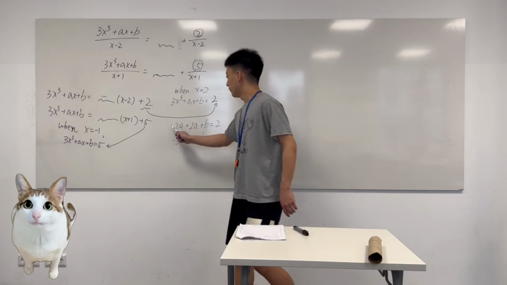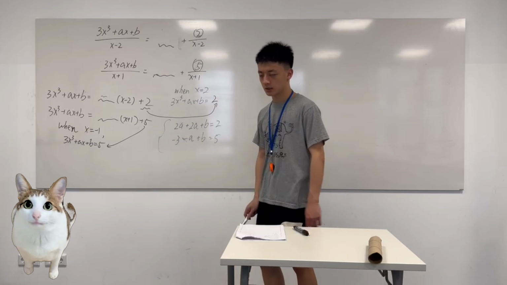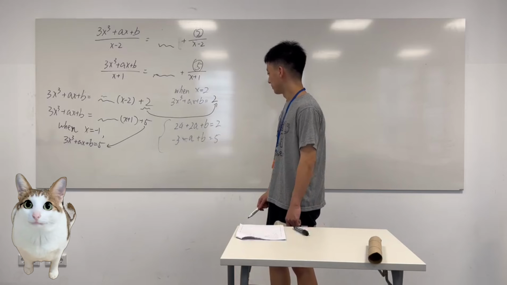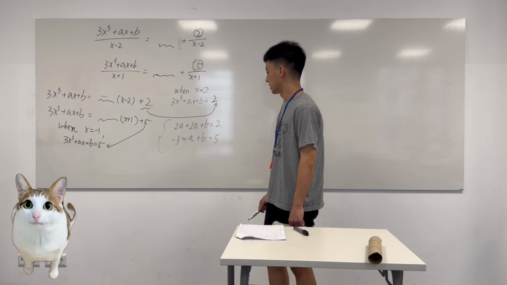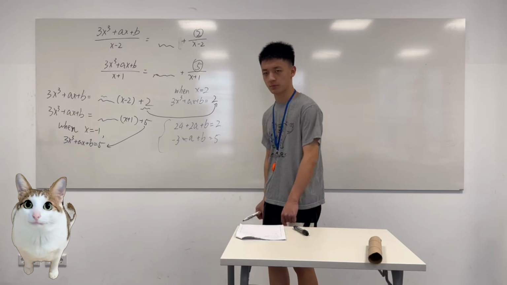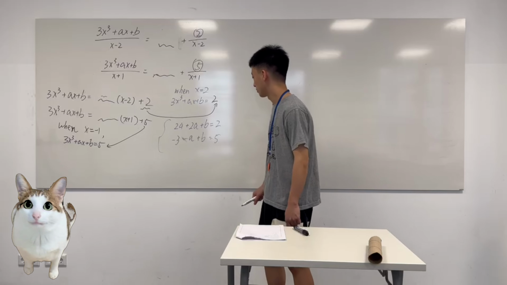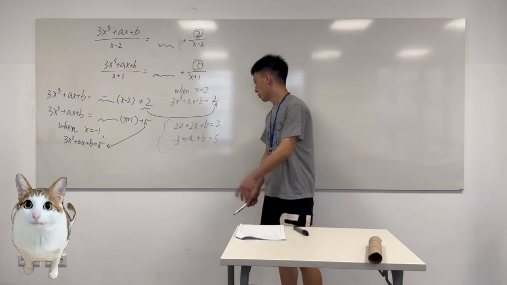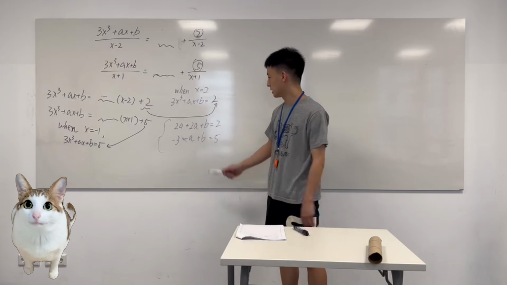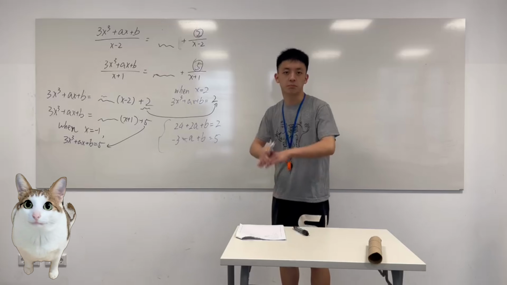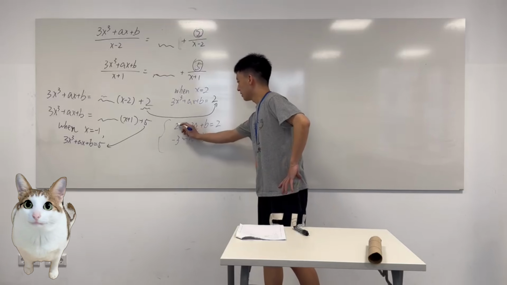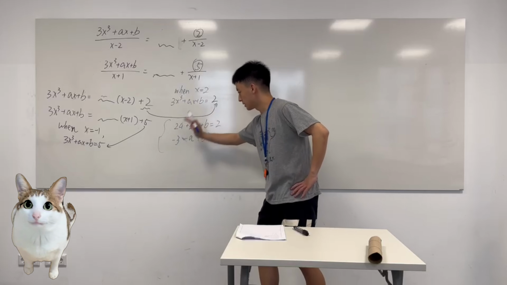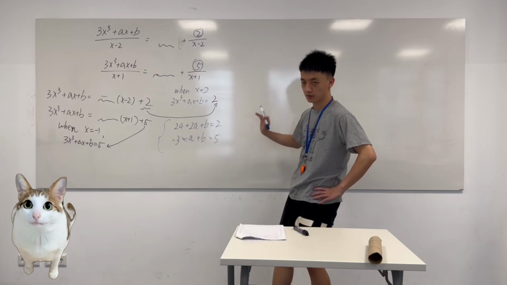And we can just solve this system. I mean, it's not that hard to solve, right? By yourself. Okay, I can show you guys. Both left sides have b, so it's easy to make b disappear. Left side minus left side, right side minus right side.